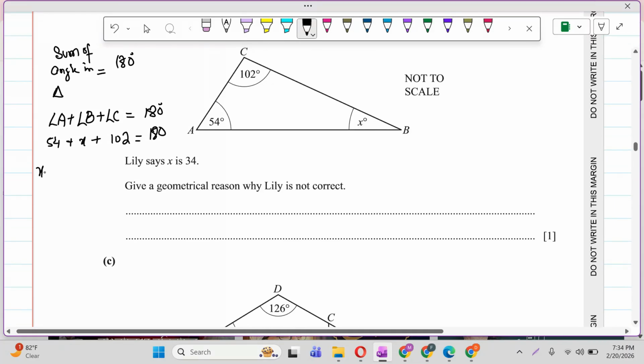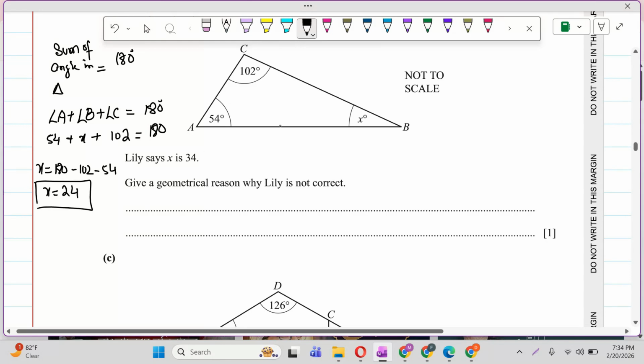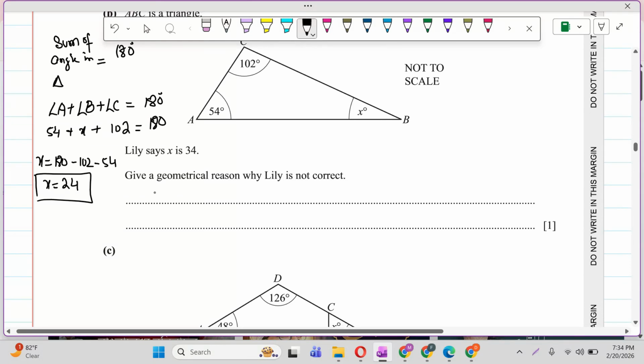So x is equal to 180 minus 102 minus 54, and this is equal to 24. The angle x is 24, whereas Lily claims it is 34. So Lily is not correct.